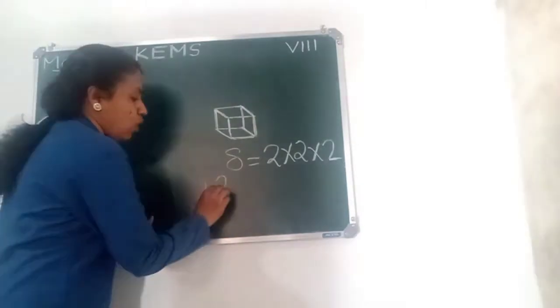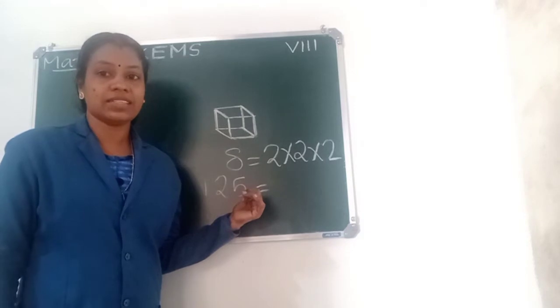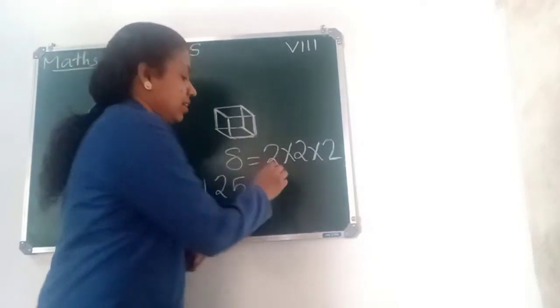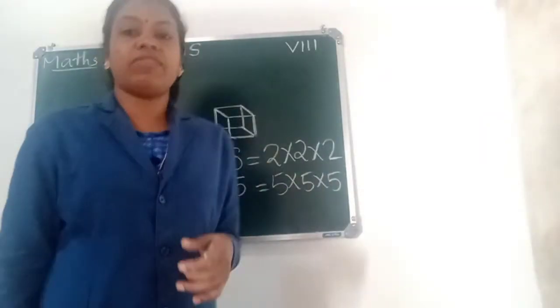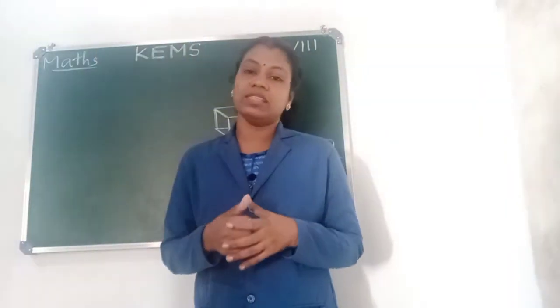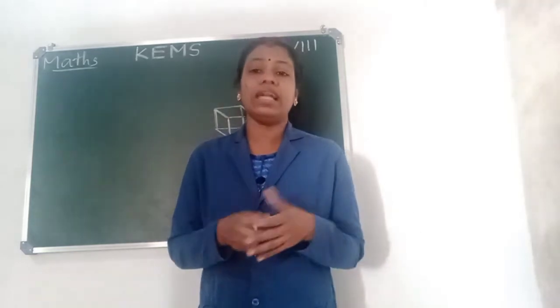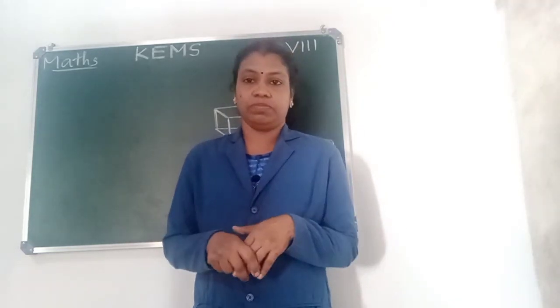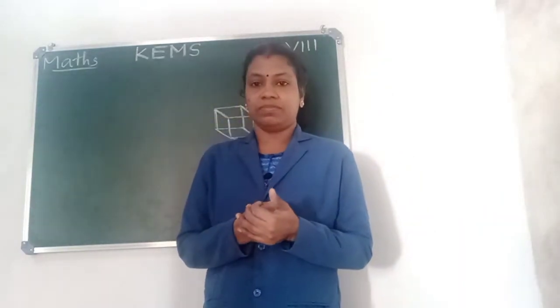Then like 125 is another cube number. It is 5 into 5 into 5, 3 times 5. That is 125. Okay. So there are only 10 perfect cubes from the numbers 1 to 1000.